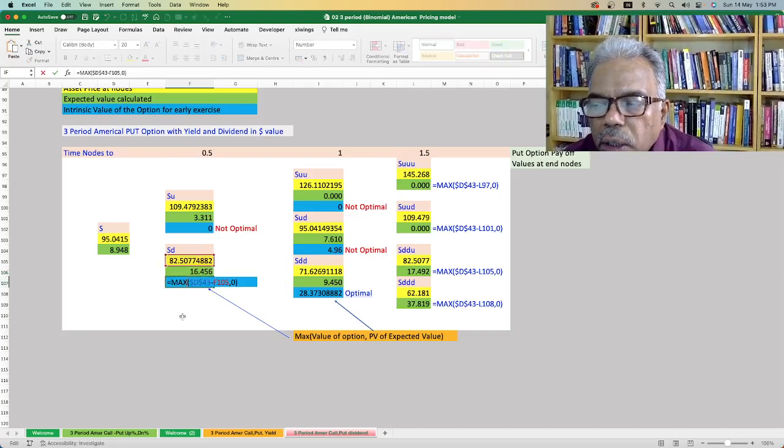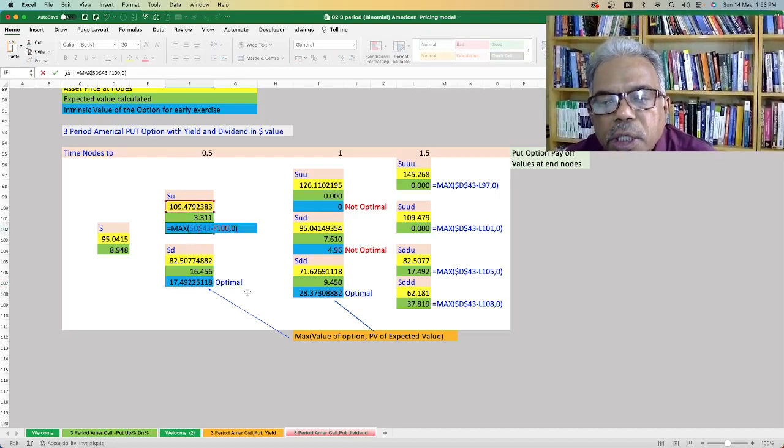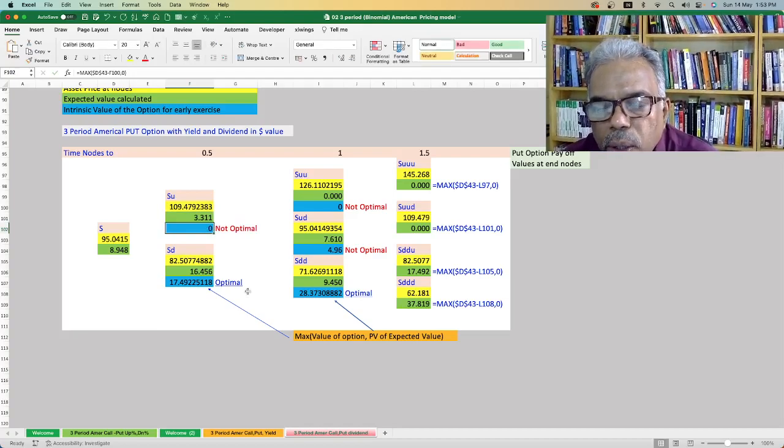Again we have to see whether we can exercise the option here. Maximum of 100 minus 82.5 is 17.49. Here we cannot exercise because it is out of the money, and that is 100 minus 109, which is 0 here.